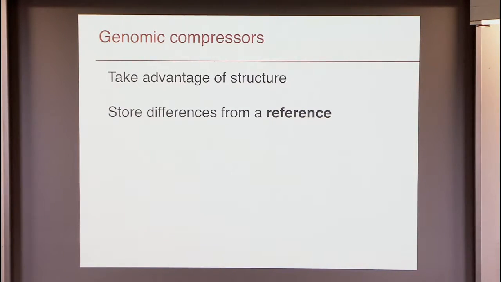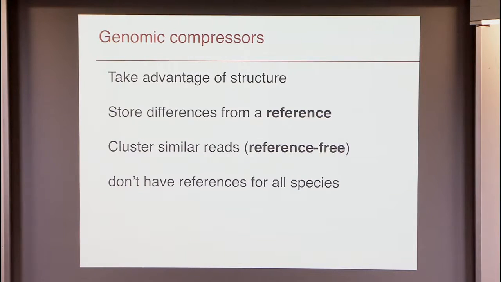If we've got a reference genome for whatever we're sequencing, even though Lior said we should never align to that reference, if we do, we can compress by storing only the differences from it. The other option is, if we don't have a reference, we can still cluster similarities among reads. I'm going to talk about a few ways that this is done. That's important when we don't have references because we don't have references for every species. Right? We don't always have reference data for what we're sequencing.